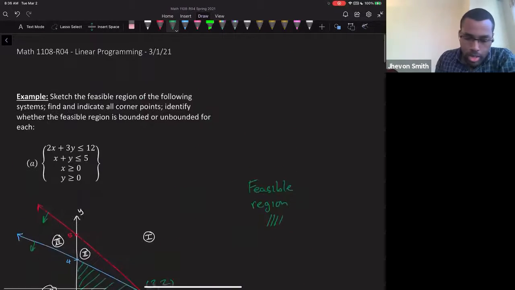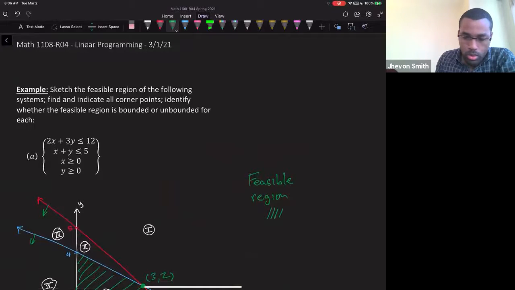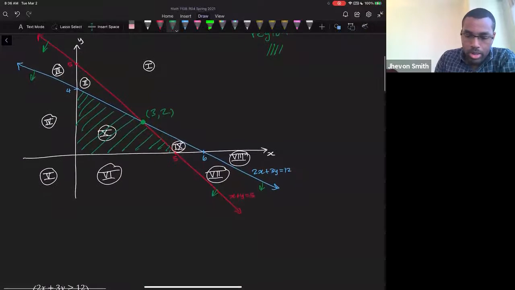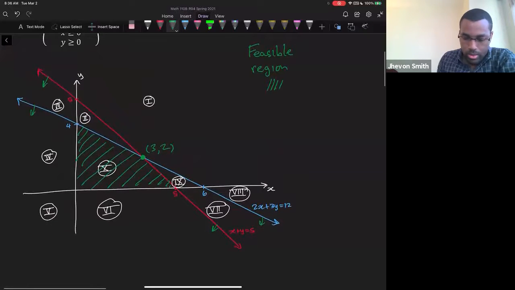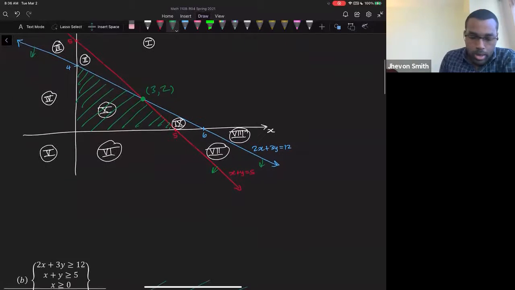Oh, and I believe I also asked you to identify whether the feasible region is bounded or unbounded. Bounded or unbounded for the first one? It's bounded.